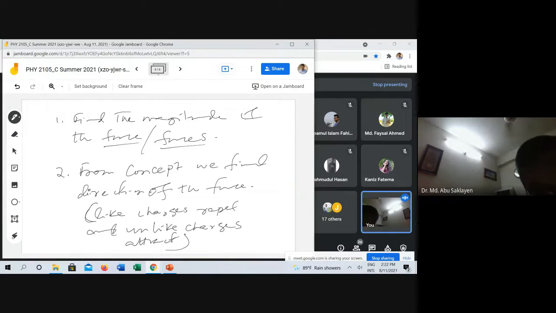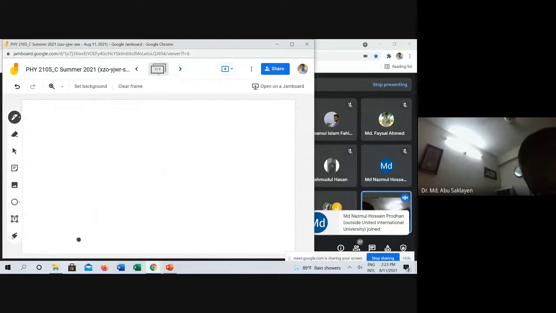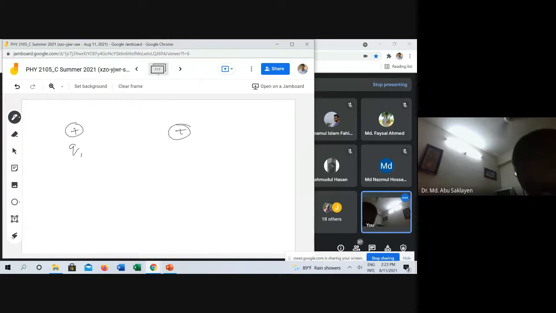This is the concept. Now if I change it a little, this is plus Q and this also plus Q, and the similar condition Q1 greater than Q2. Now tell me what will be the direction of the force. Magnitude is very simple.